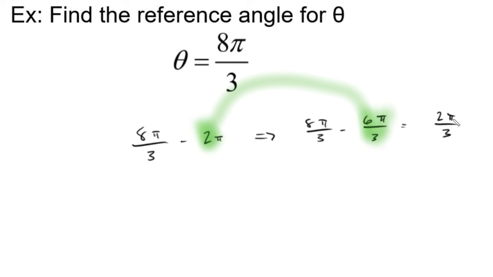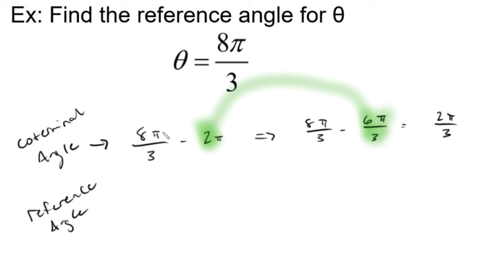So our coterminal angle is 2 pi over 3. Now, to find our reference angle, we need to determine where is 2 pi over 3. Well, this is where the unit circle came in.